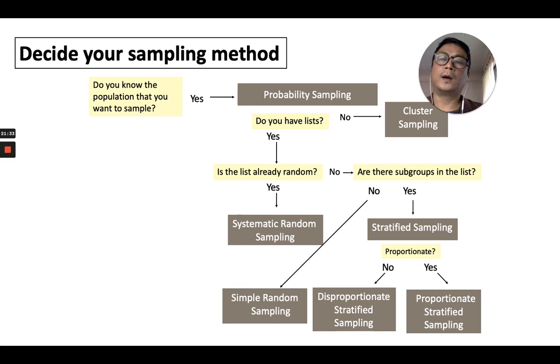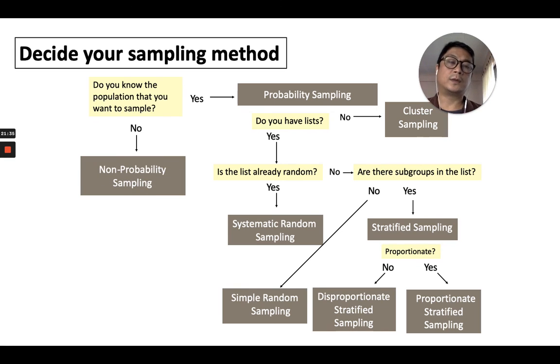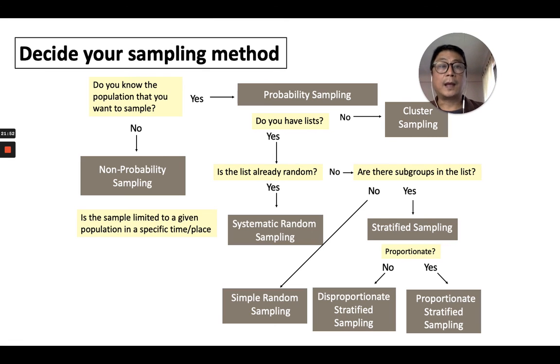Now, if you do not know the population that you want to sample, then you have no choice. You have to do non-probability sampling when you have no means of developing a sampling frame from your population. So first question, is the sample limited to a given population in a specific time and place? For example, you want to survey people at the airport at a particular time and place, then you do convenience sampling.